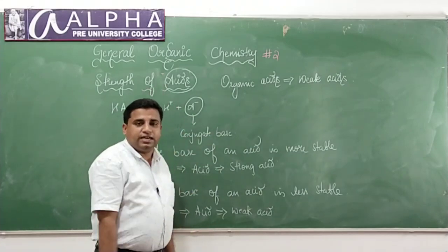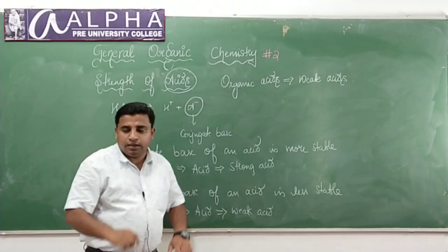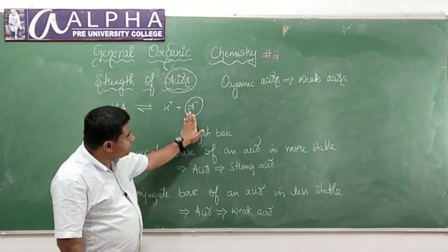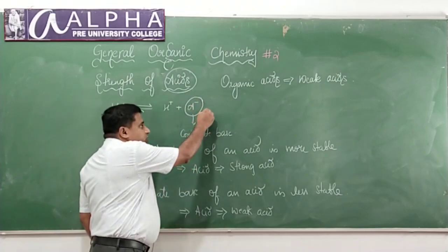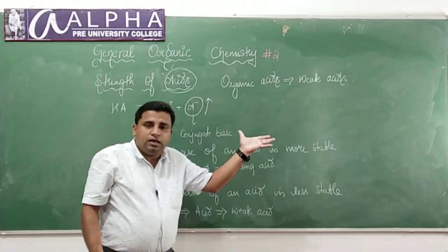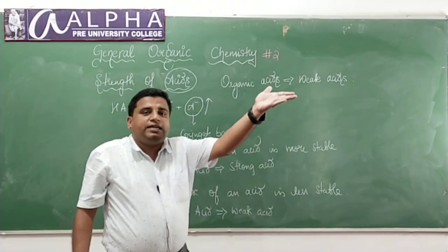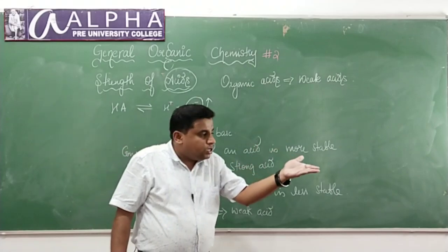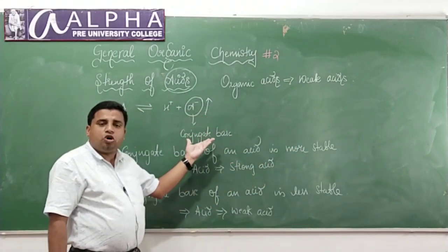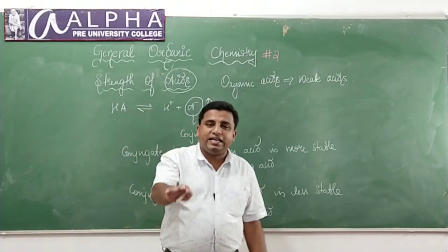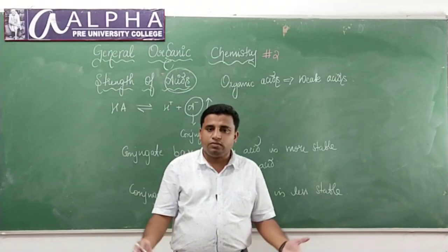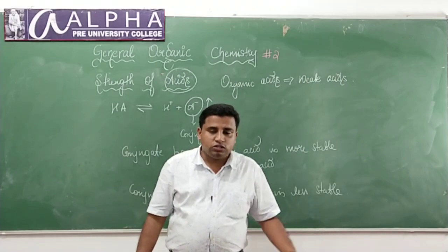If the stability of this conjugate base is increased by any means, then the acidic nature will increase. But if any phenomenon decreases the stability of this conjugate base, then the acidic nature will decrease. That is what the concept is. Got it? Any doubts?